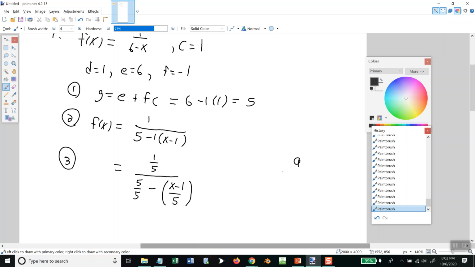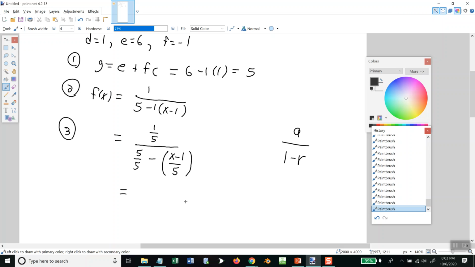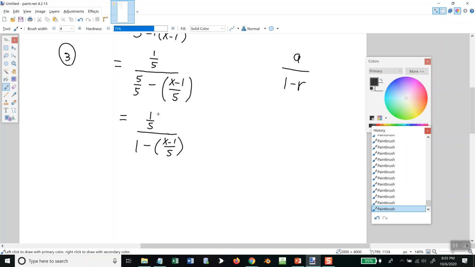Remember, our goal was this. So I'm going to have 1/5 over 1 minus x minus 1 over 5. So this would be our r, and this would be our a.